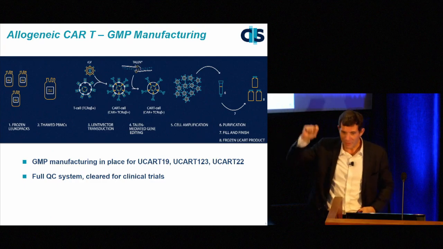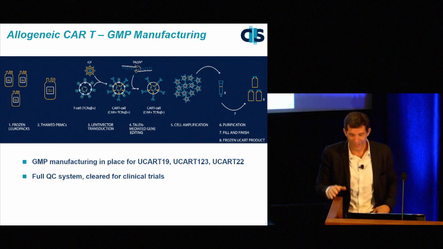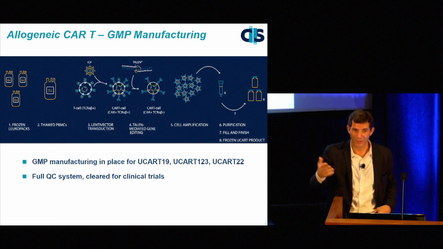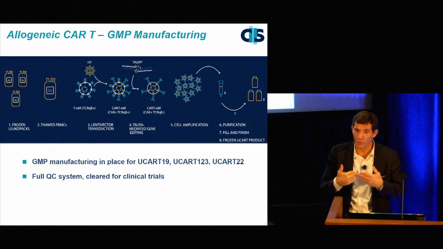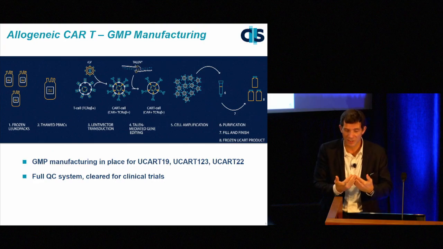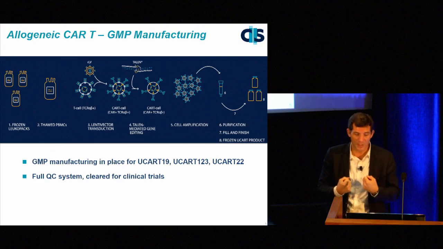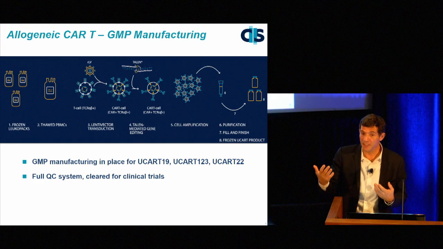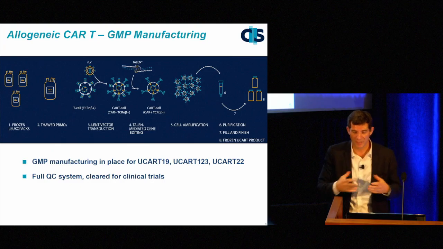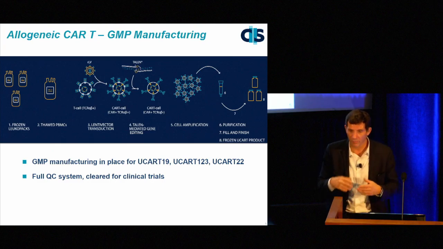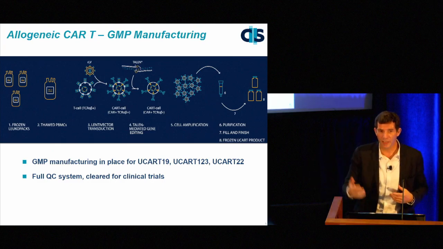But the next generation will not be random. With a lentiviral vector that inserts the CAR inside, then after this, we use an electroporation system to introduce the gene editing technology inside the T cell that will remove specific genes, for example, the T cell receptor, and then we amplify the cells, filter the cells to remove all the TCR positive cells, and at the end you have a series of vials that can be immediately given to the patient.